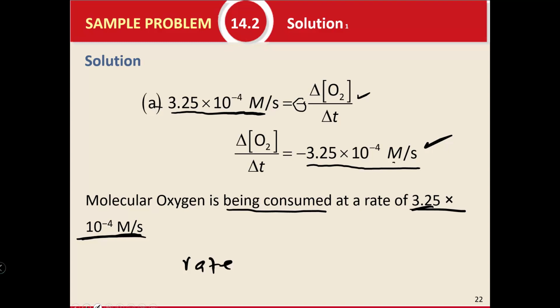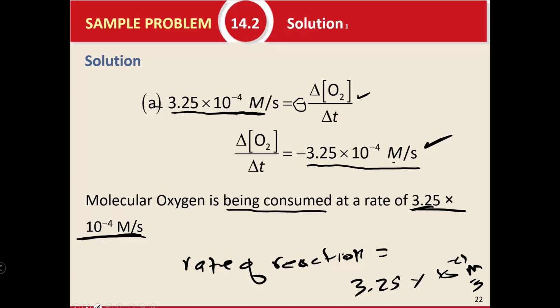The rate of reaction is always a positive value. So then you would write 3.25 times 10 to the -4th molarity units per second. So what you're going to find out is if you have the overall rate, you can determine the rate with respect to each reactant and product. So that's what we're doing.